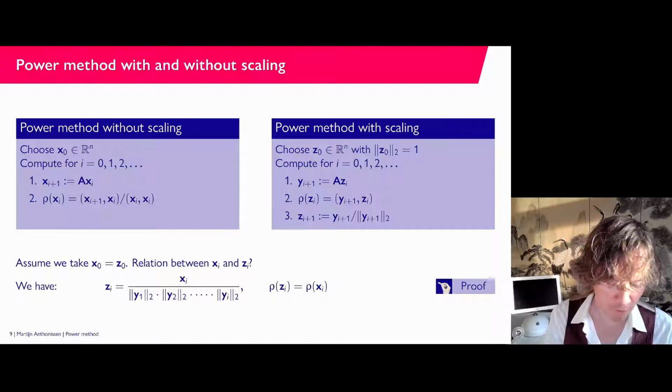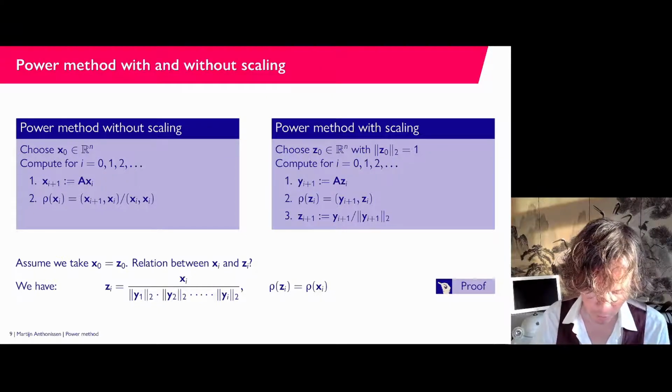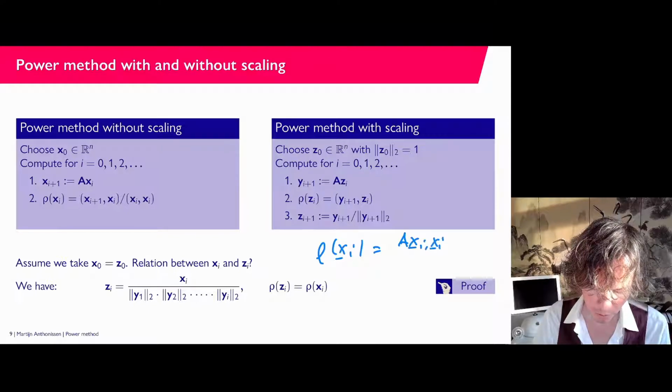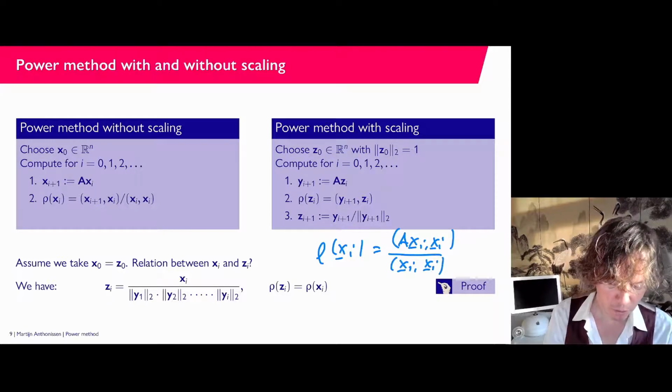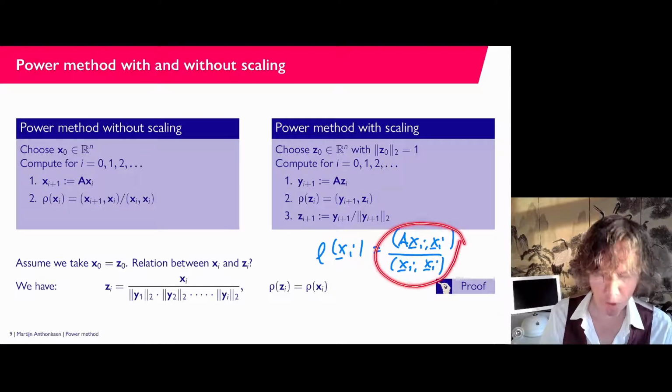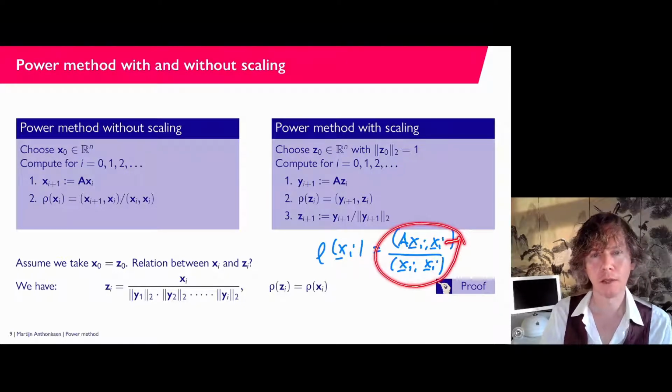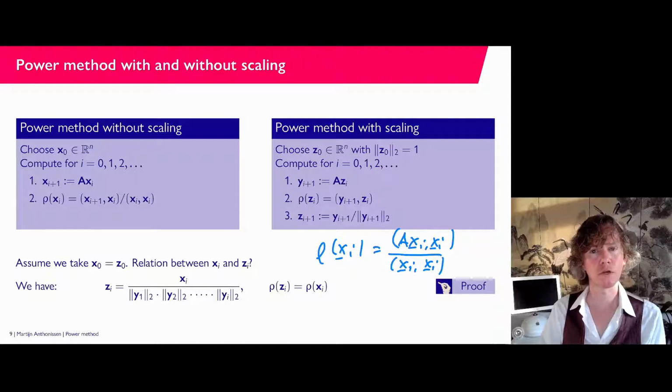So if you think back, then the Rayleigh quotient of x_i is basically (A x_i, x_i) over (x_i, x_i). And now if you scale all four of these factors, then apparently those scaling factors cancel out. So let's see if we can prove that.